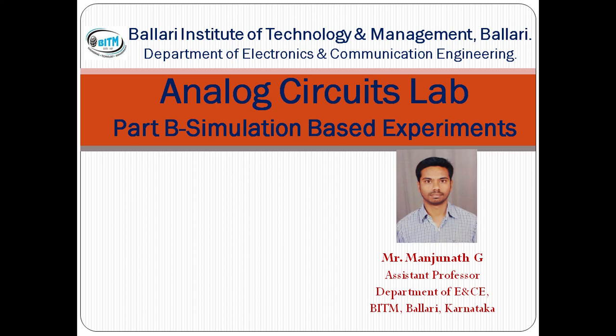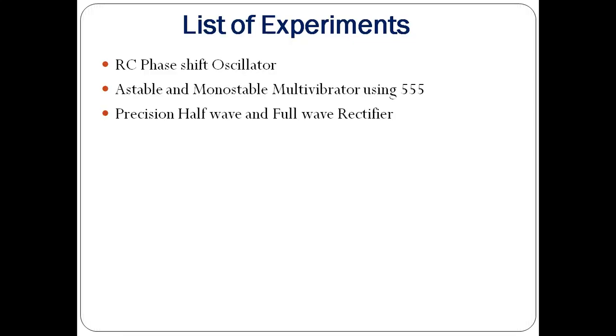Today, I will be demonstrating some of the simulation based experiments as a part of the curriculum in the course Analog Circuits Lab. These are the list of experiments that I would like to demonstrate for today's session.